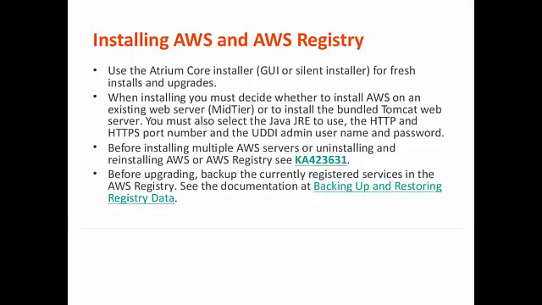The other decisions are the Java JRE, the Java runtime environment to use, and the HTTP and HTTPS port number if you're using an existing web server, an existing Tomcat or some other web server.